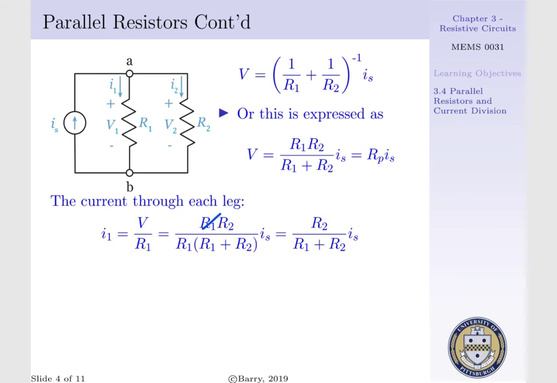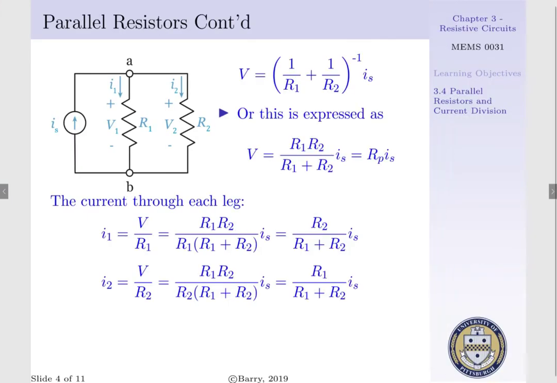We notice our R1s cancel out, and our current running through R1 is equal to the quantity R2 per R1 plus R2 times our source current. That is, as we're looking for a current I1 running through R1, we place the resistance of our opposing resistor in the numerator per the sum of our resistances in our parallel configuration times our source current.